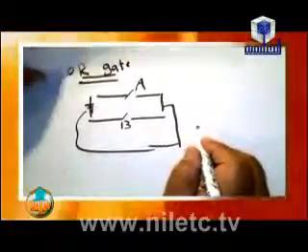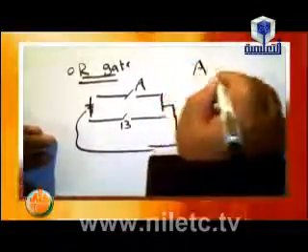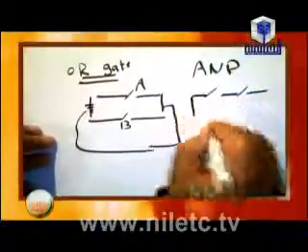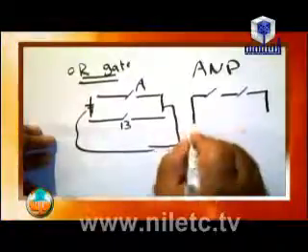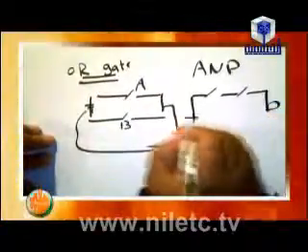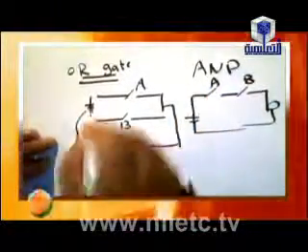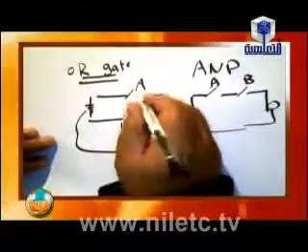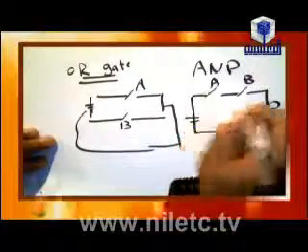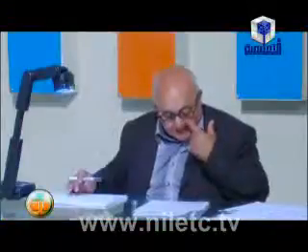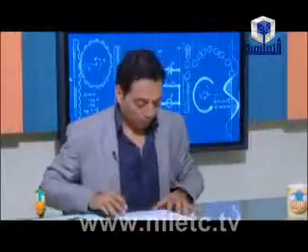And the AND gate, A and B. In the OR gate, A and B are in parallel, and in the AND gate, A and B are in series. That is the difference between OR and AND. So we're done with it. Now let's move to another one.